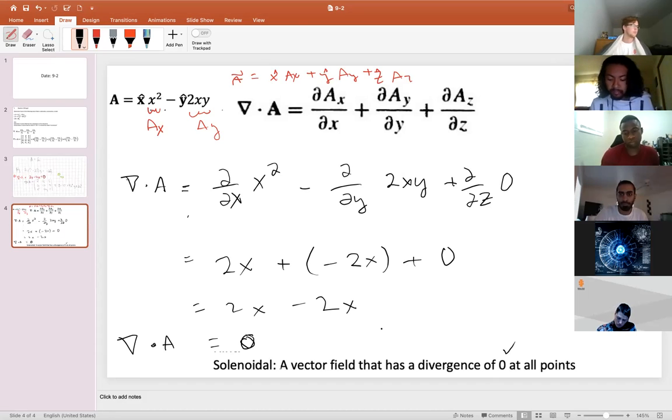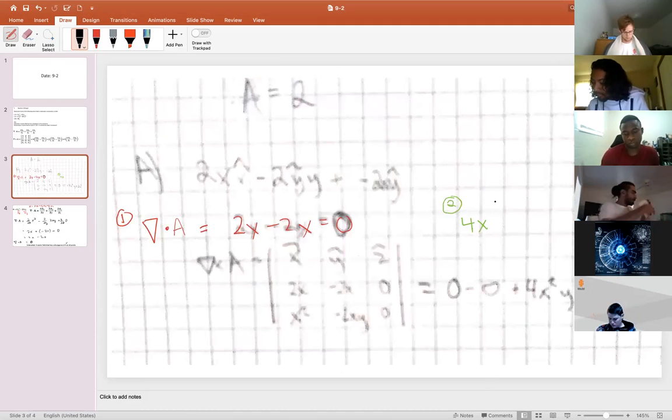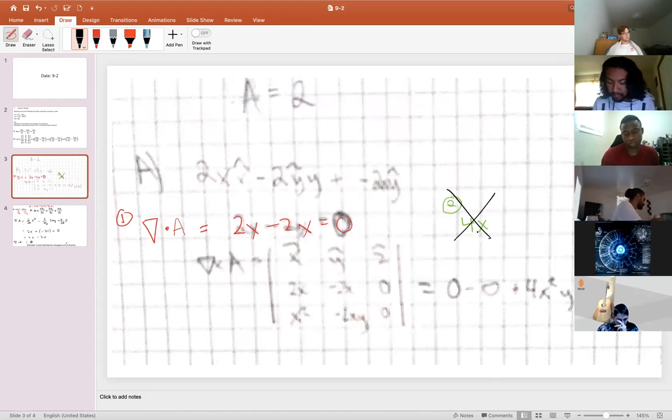Could you have a vector that has a divergence of 0 at some points, but is not solenoidal? Yeah, definitely. We could come up with something that is a function. Let's cross this out, but let's say it was 4x.